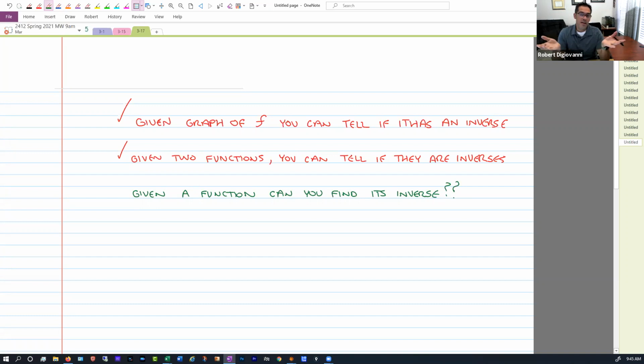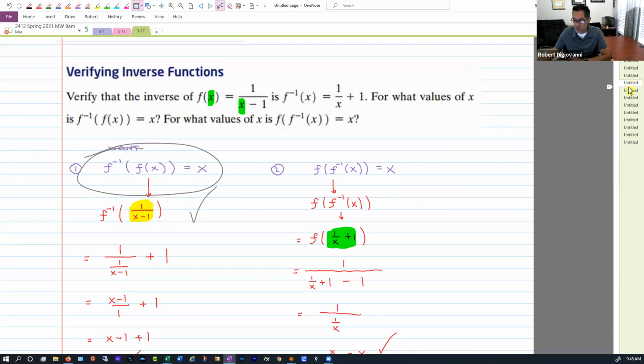See, because a lot of times we're working with functions and then we're saying to ourselves, well, wait a minute, does it have an inverse? Can I find it? It's different if I give you two functions and say, are they inverses? I've given you a lot of information. I want to be able to just give you a single function and then tell you to go find the inverse. And that seems like it would be a challenge, but it actually isn't. Well, it is challenging, but it's not impossible. So that's what we're about to do here.